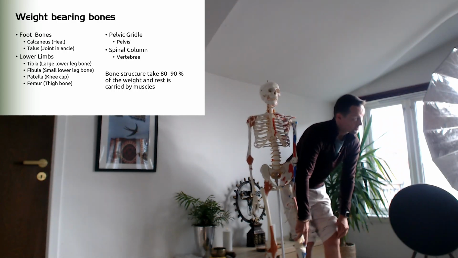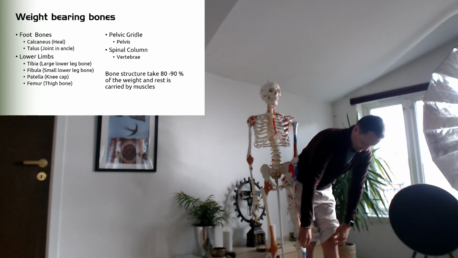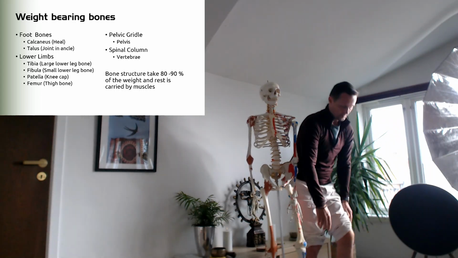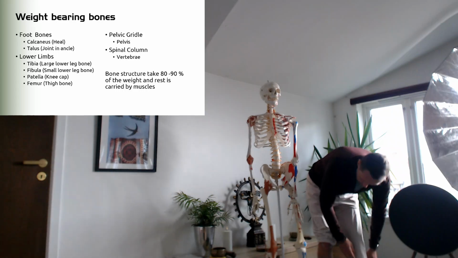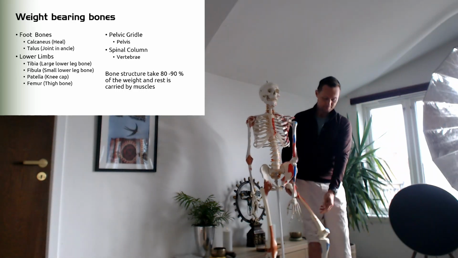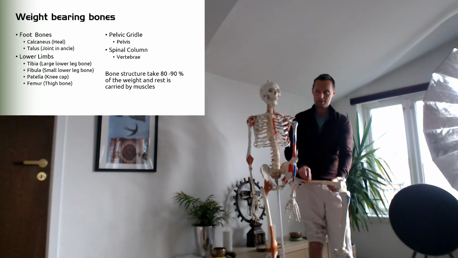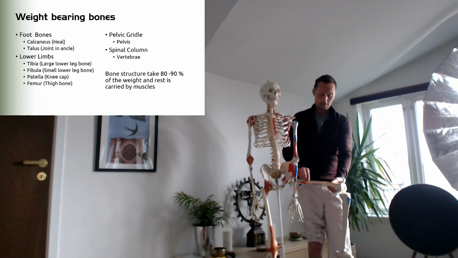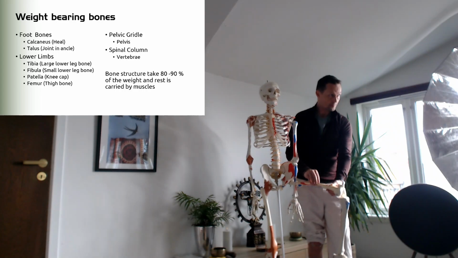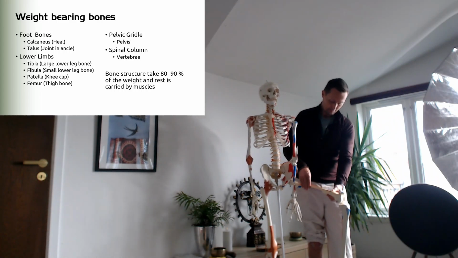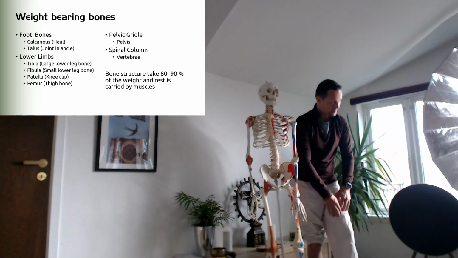Okay, the next one in line, the knee. And moving up, we have the femur. That's the thigh bone. We only have one bone there.